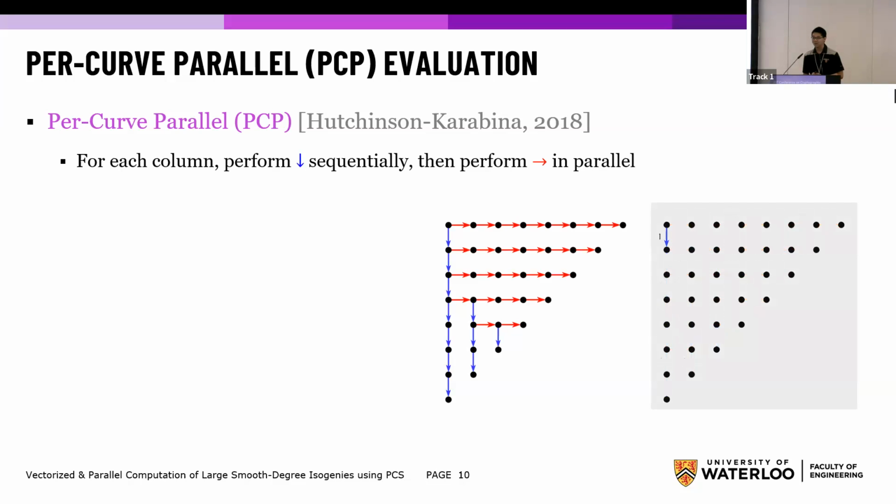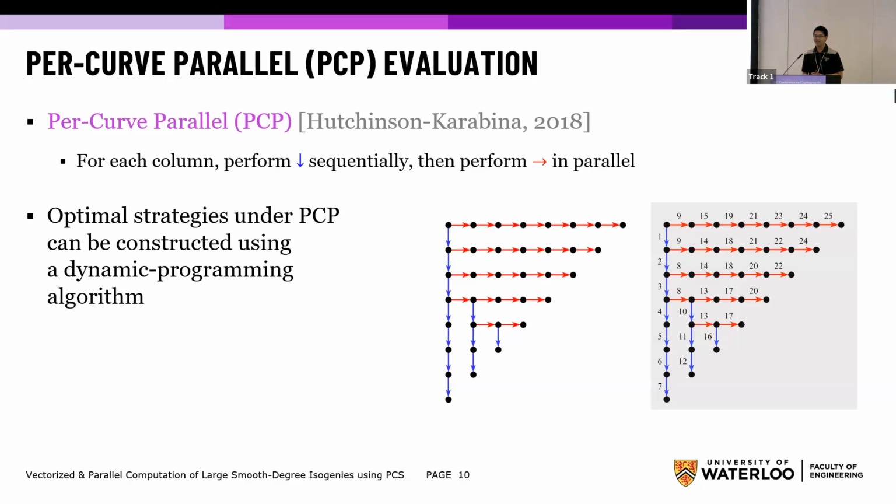We have this quick animation of how PCP works. You can see that it will go from left to right, a bit slow, but because of its simplicity, to the best of my knowledge, it is used in all existing implementations. Also by its simplicity, optimal strategies under PCP can be constructed using a dynamic programming algorithm.